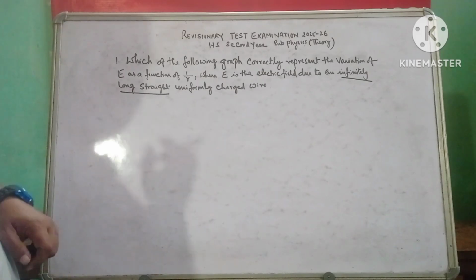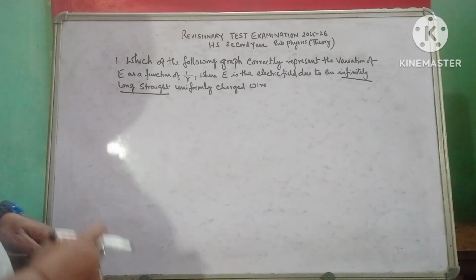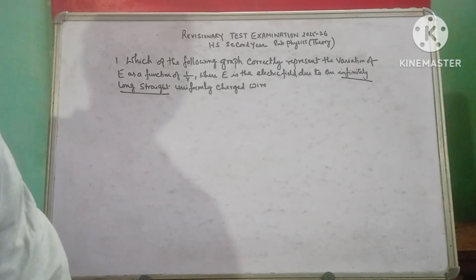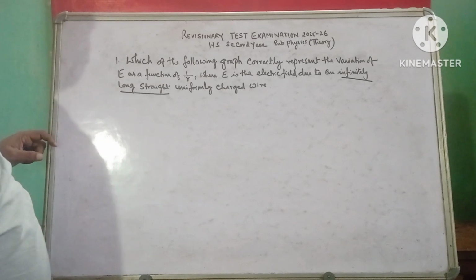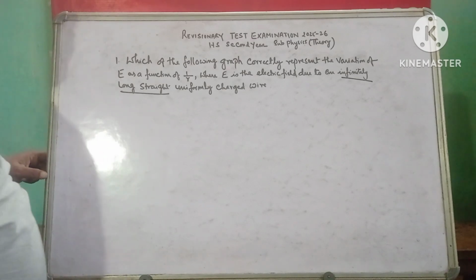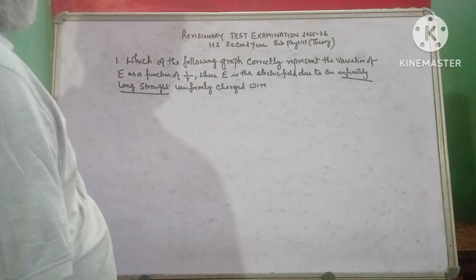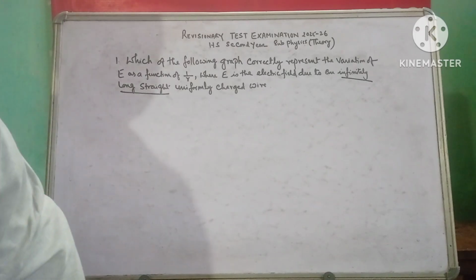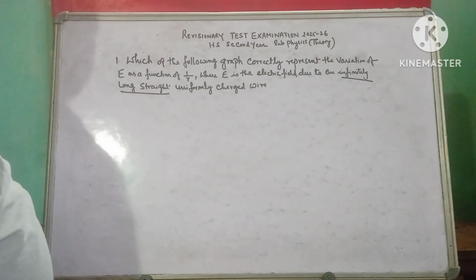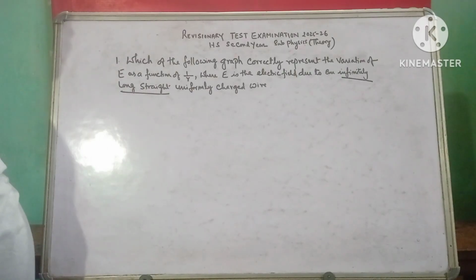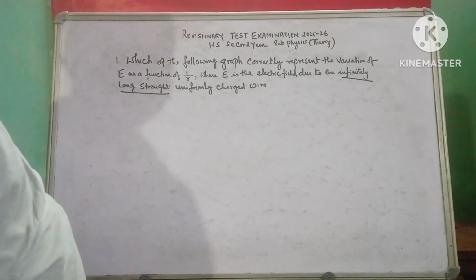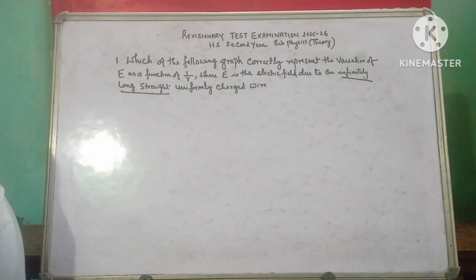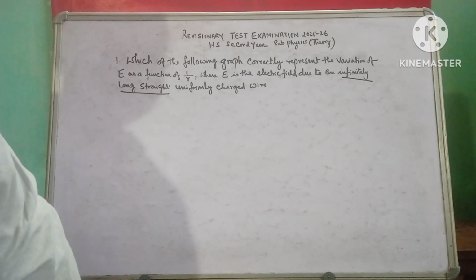The first important point here is that such a type of graph is not given in your book. But you might have learned about spheres, where the electric field inside the sphere is directly proportional to r up to the surface.